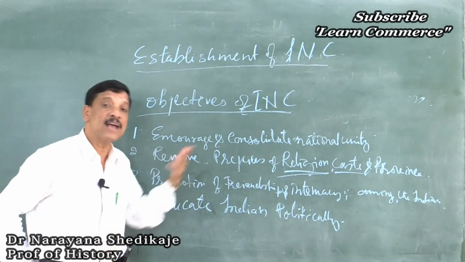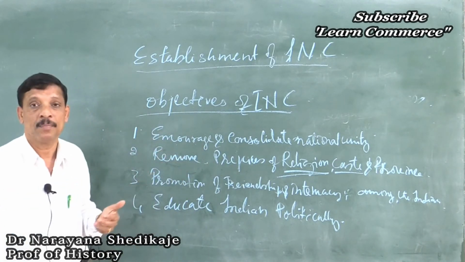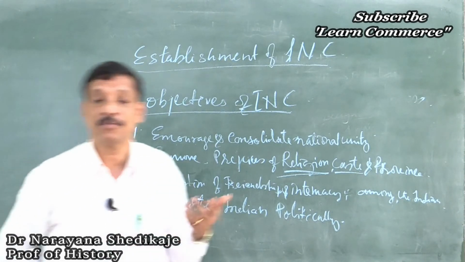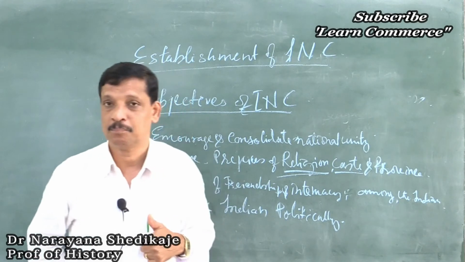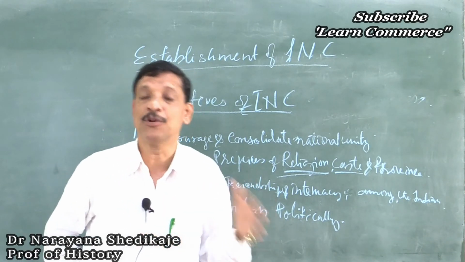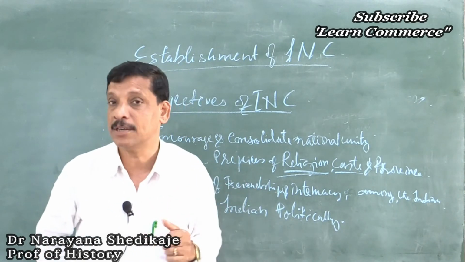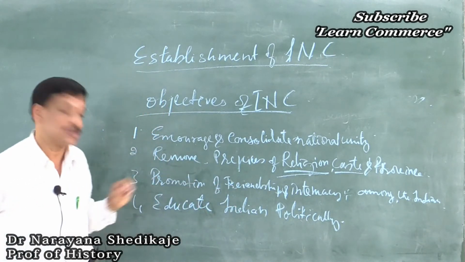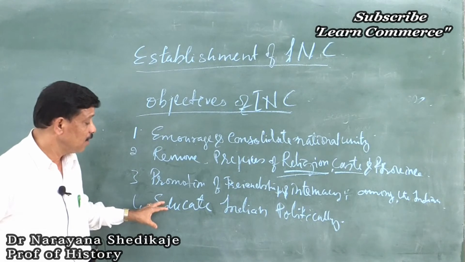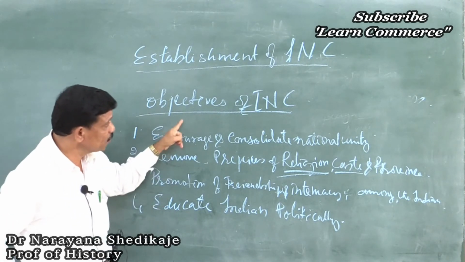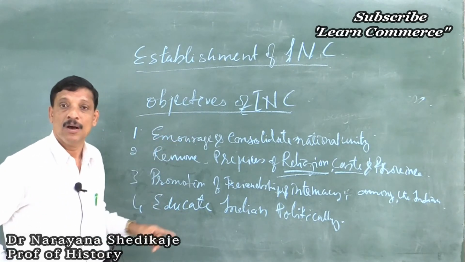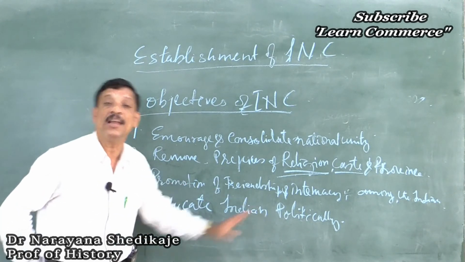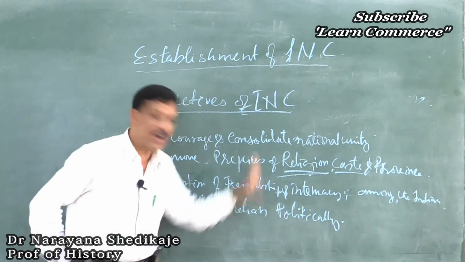What is the Indian national movement or a national movement? The French led the national movement in 1789, and in different parts of Europe they had national movements. Now in India the main intention of Indian National Congress was to educate the Indian masses politically, a political training.